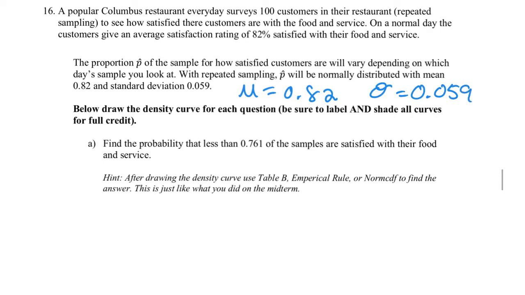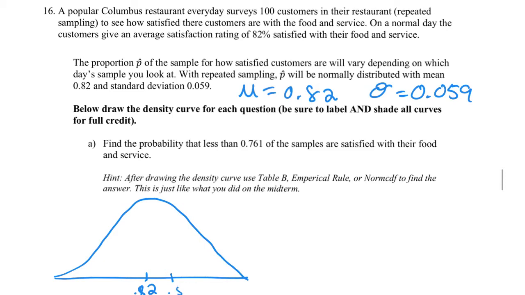So first thing we're going to do is draw our normal distribution curve and label this. We drop our mean in the middle. We add our standard deviation 3 times to the right.